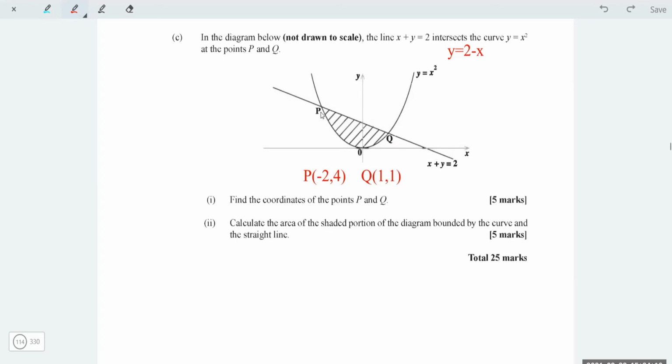So I'm going to break it up in a way that might reduce the amount of work that we have to do. I'm going to break off here as a triangle.